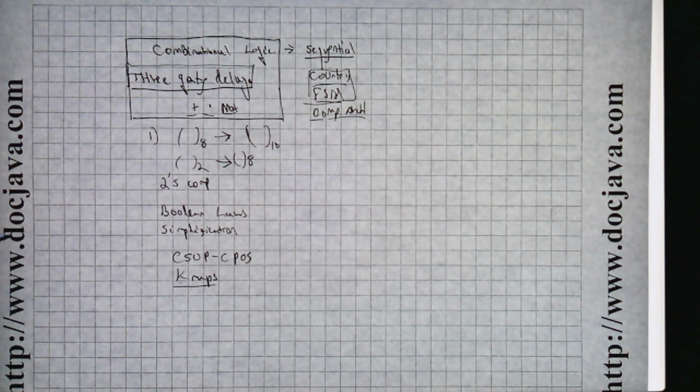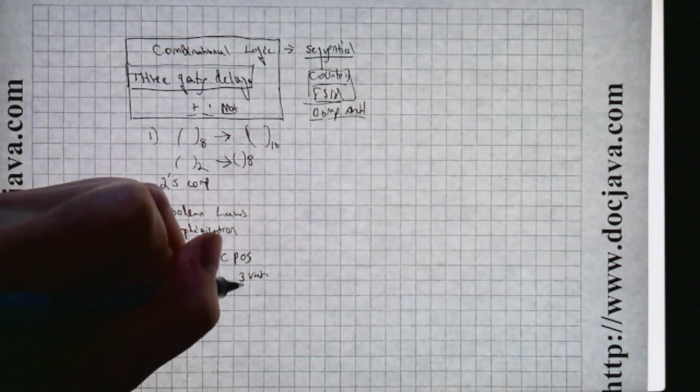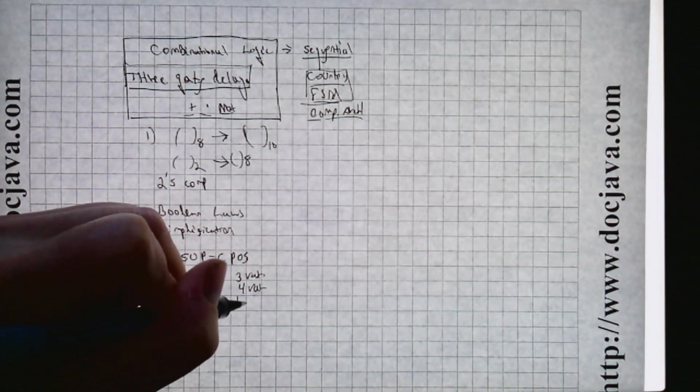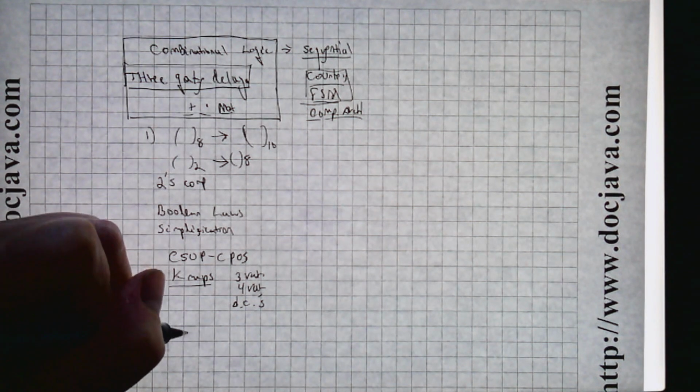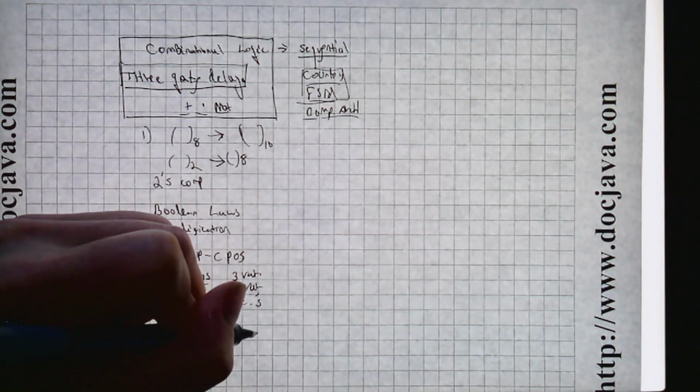So I see 3 variable, 4 variable, don't cares. Let's see what else we got. Oh, multiplexers, demultiplexers.